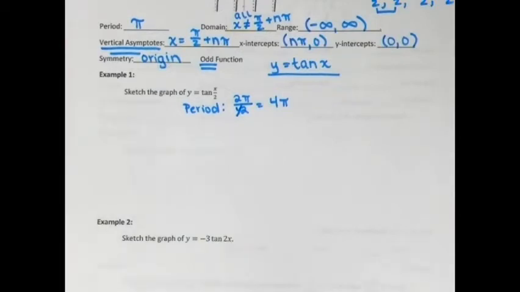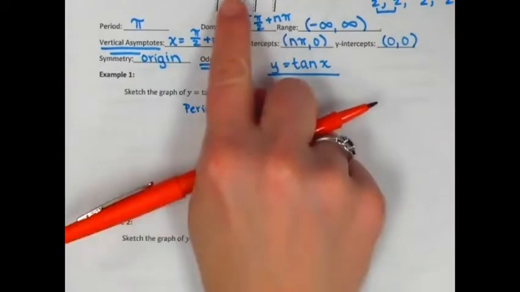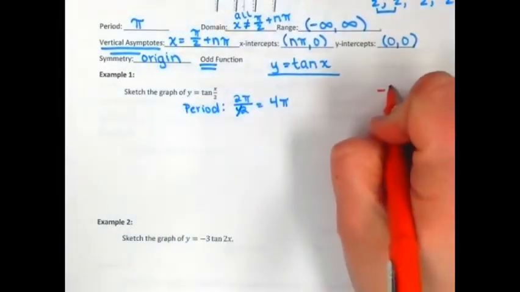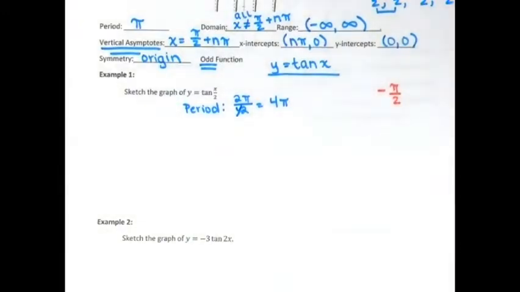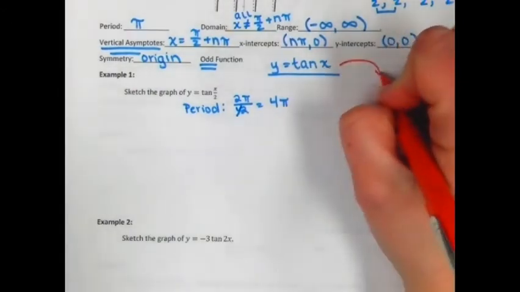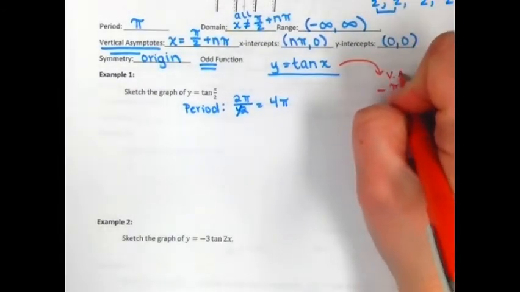So now, normally our first vertical asymptote is at what? Negative pi over 2. Is that correct? Our first vertical asymptote is normally at negative pi over 2. You guys okay with that? So this is where in our tangent function my first vertical asymptote is.